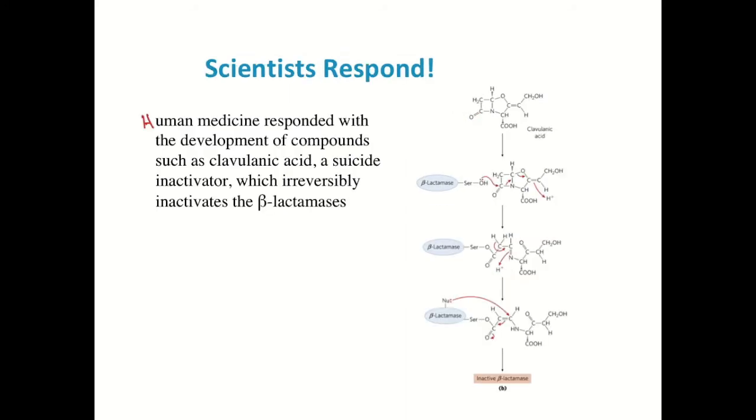And then how did scientists respond? They developed compounds such as clavulanic acid, which is termed a suicide inactivator, which then irreversibly inactivates the beta-lactamases. So here this shows the clavulanic acid and how it interacts with the beta-lactamase, resulting in an inactive beta-lactamase.